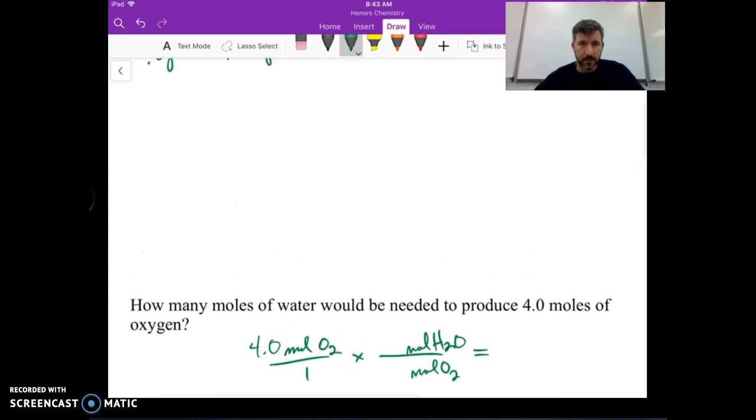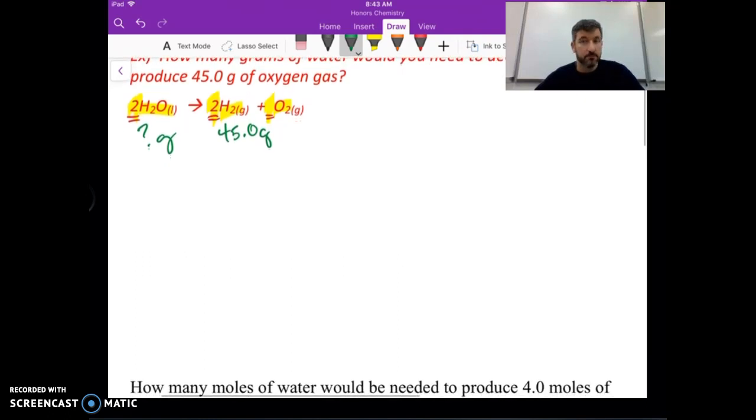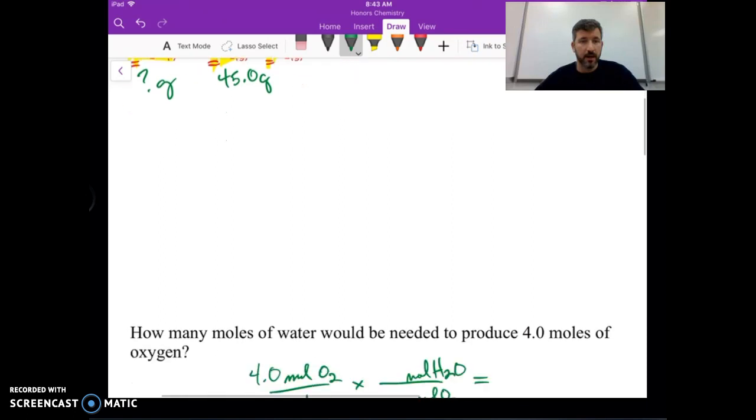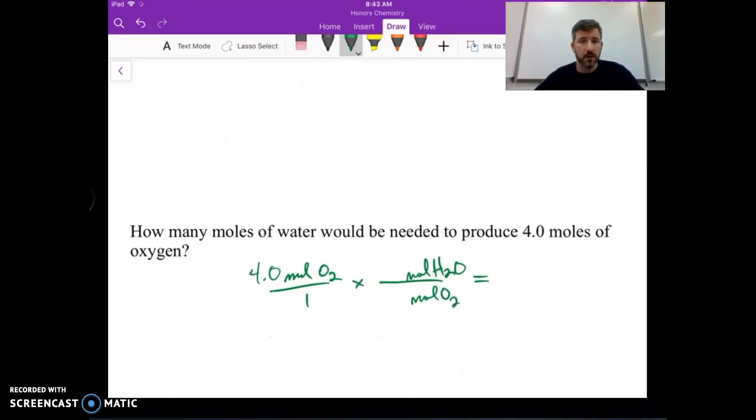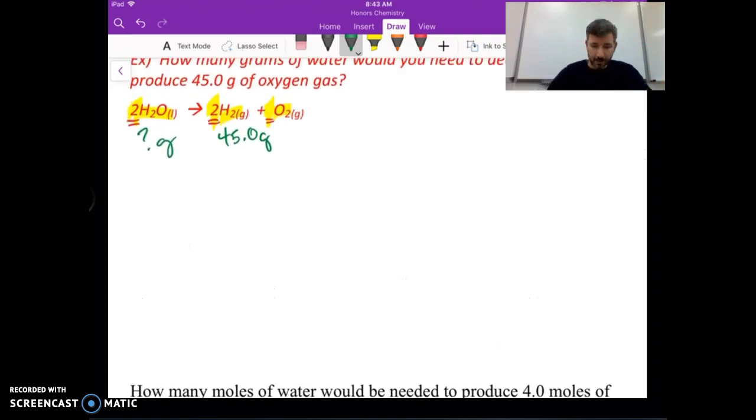Because, if I go back to my balanced equation for a second, I have a molar ratio. In this case, we're concerned with moles of water and moles of oxygen. And in the balanced equation, it shows me 2 moles of water for every 1 mole of oxygen. So that becomes the ratio that I'm going to use.